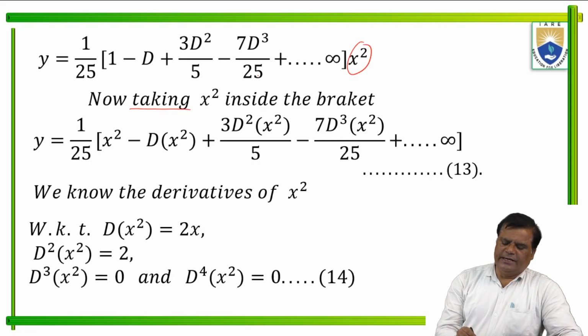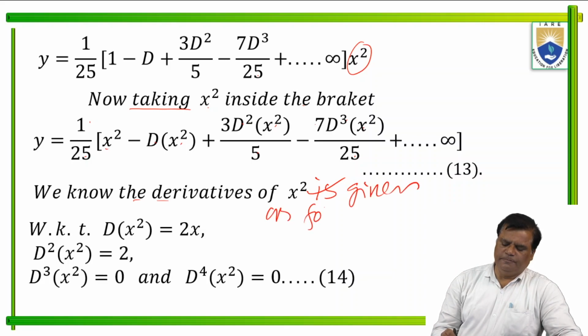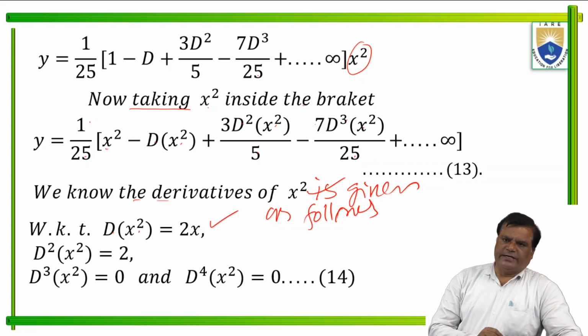So now taking x square inside the bracket, we get 1 upon 25, x square minus D x square, 3D square x square by 5, minus 7D cube upon 25 x square, and plus this. We know the derivative of x square is given as follows: D x square is 2x.